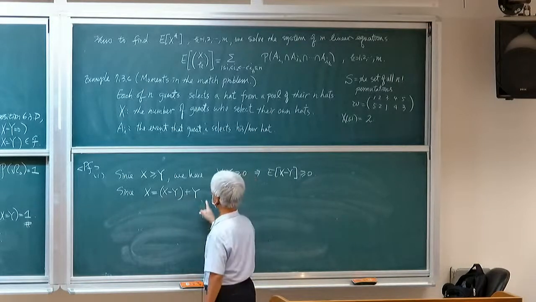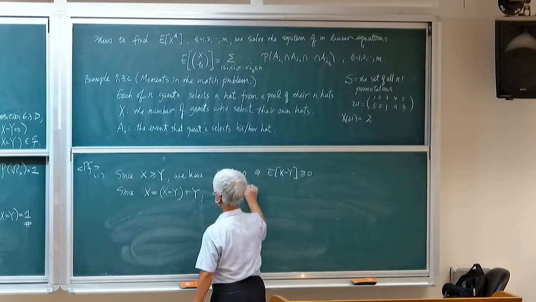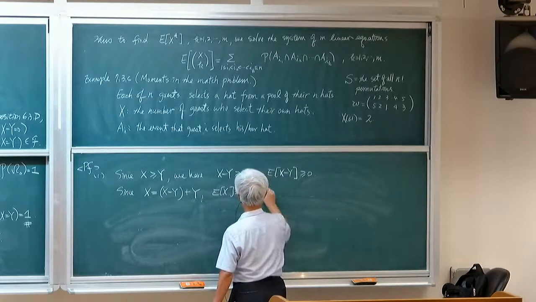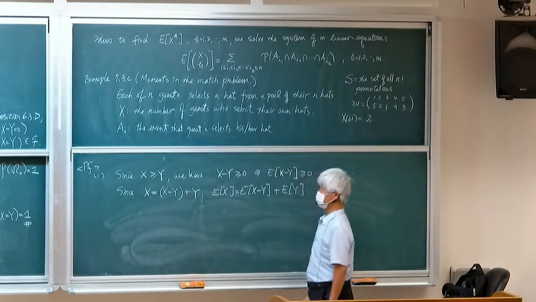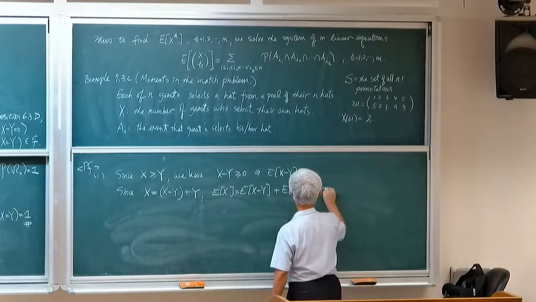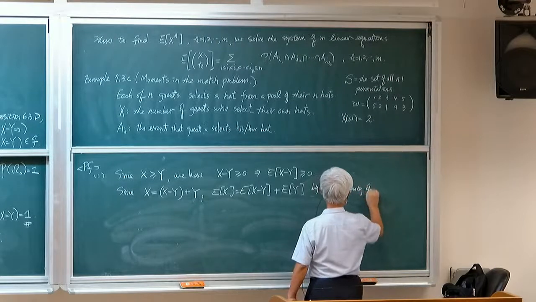Okay. So the expectation of x is equal to the expectation of x minus y plus the expectation of y, by the linearity of expectation.